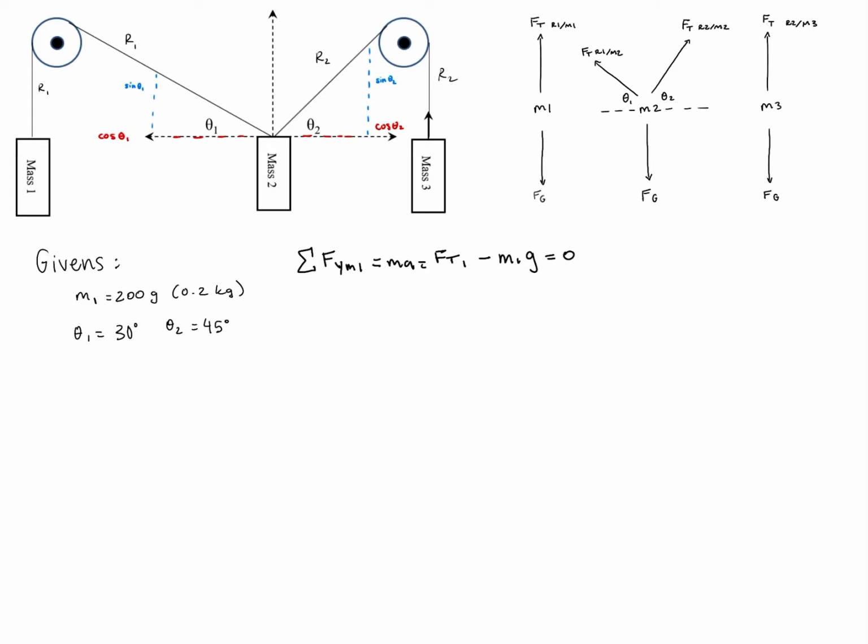So just to isolate force tension, we would have force tension 1 equals m1g. So that's pretty simple there. And then we have mass 2 next.